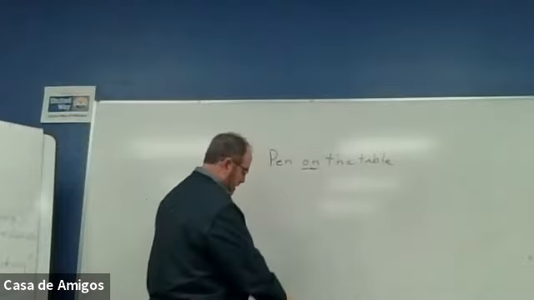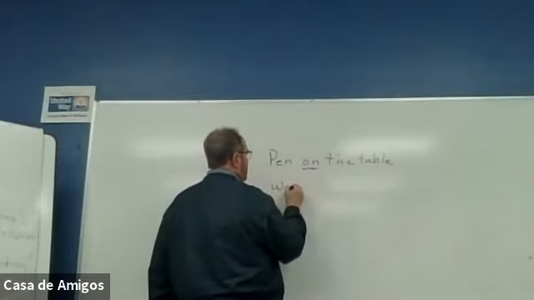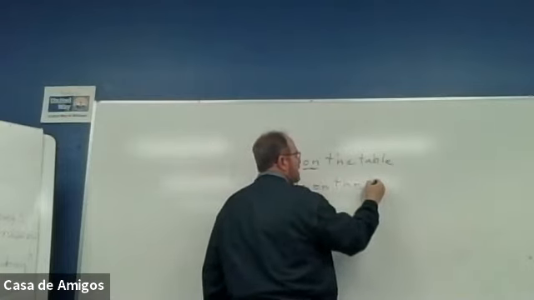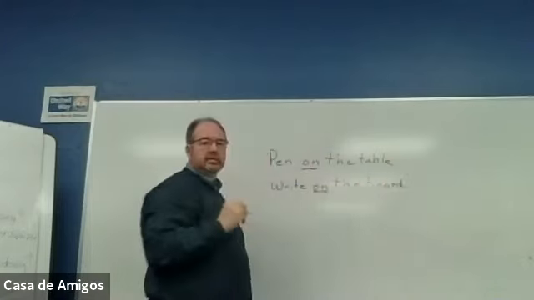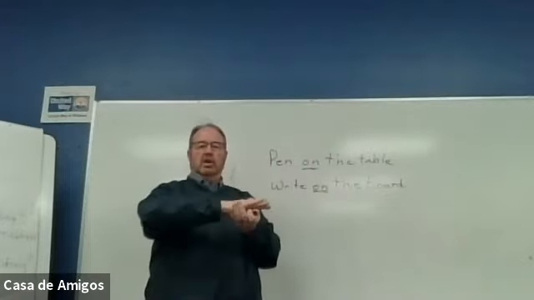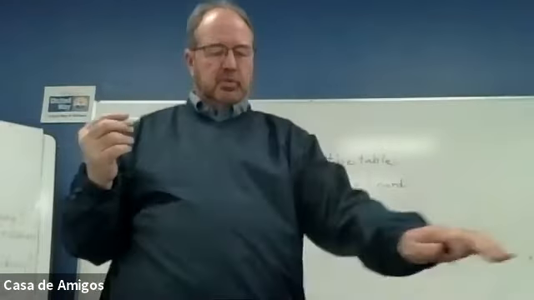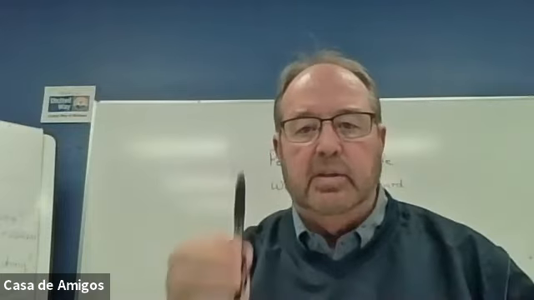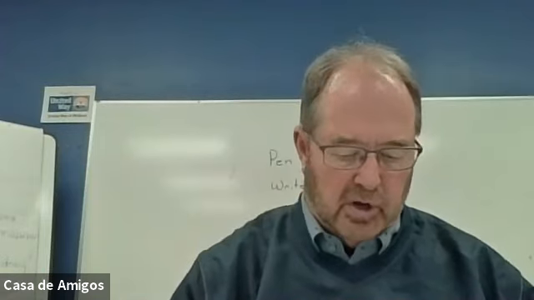I put the pen down here. Okay? You write on the board. On. Okay? That's when you get on it. Now, let's see what other examples it talks about here. So this is when you lay it down on something. That's the word on.